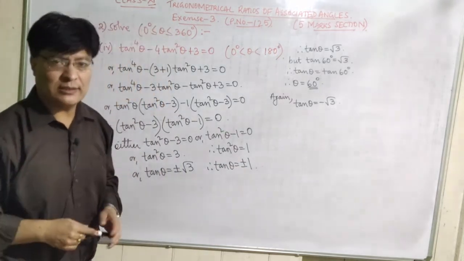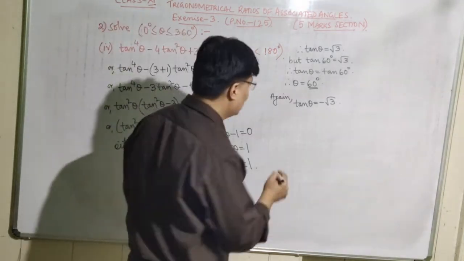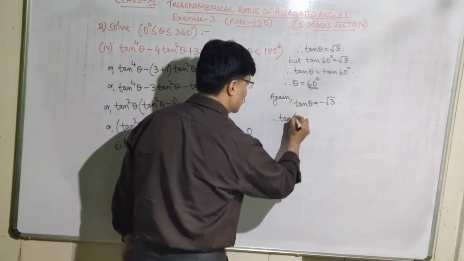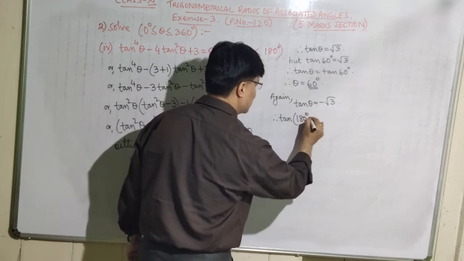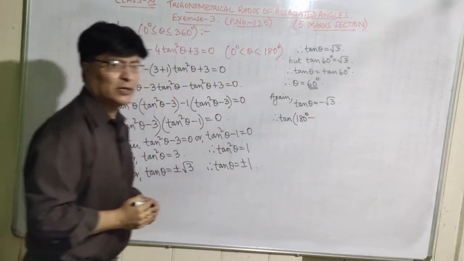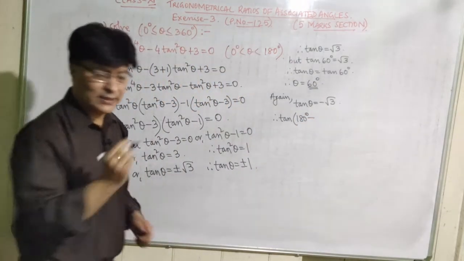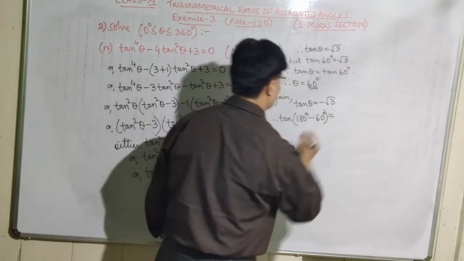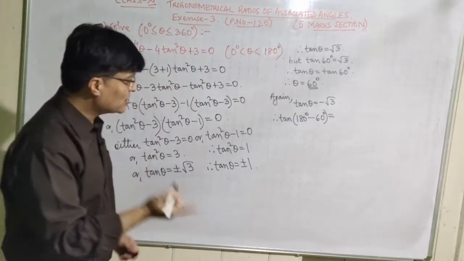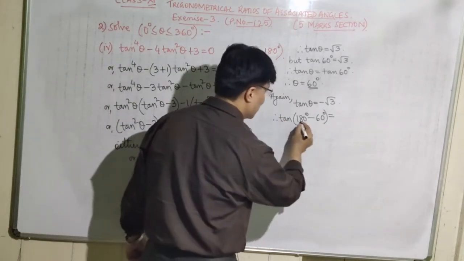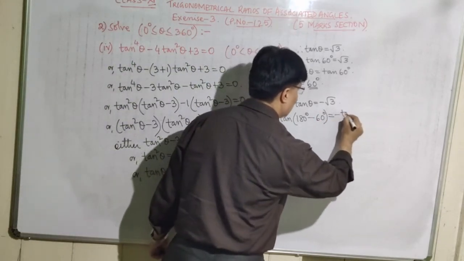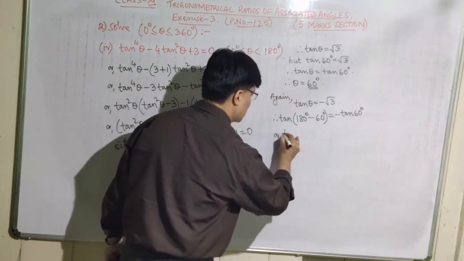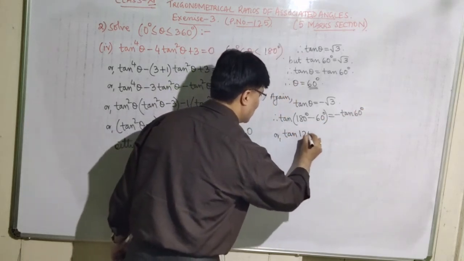That means theta lies in the second quadrant only. Let us find the angle in the second quadrant. For the second quadrant you have to write 180 degree minus. Tan of which angle is root 3? 60 degree. So it is 60 degree, which is equal to, now on the right hand side write down the formula: tan of 180 minus theta is minus tan 60 degree, or this is tan 120 degree.